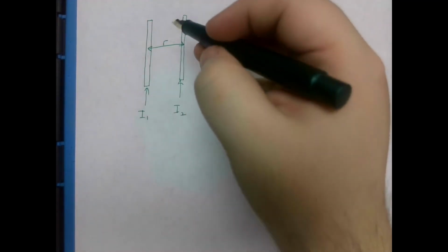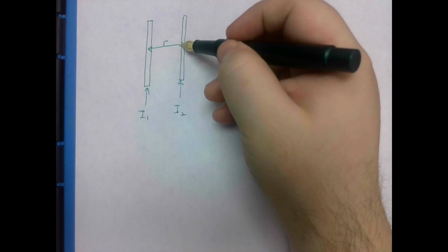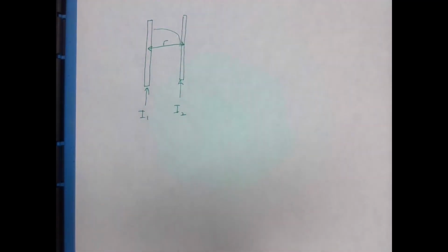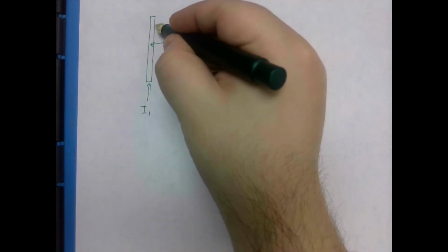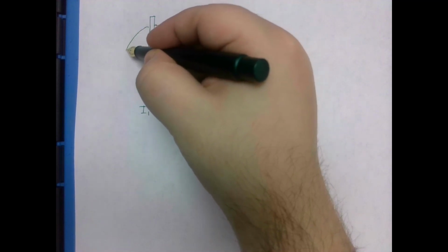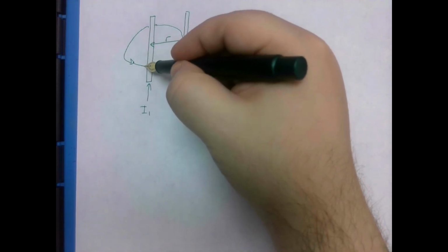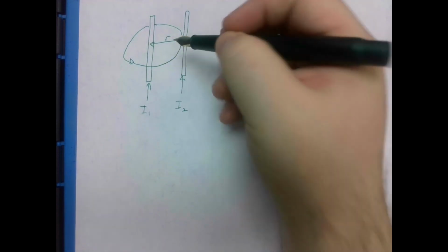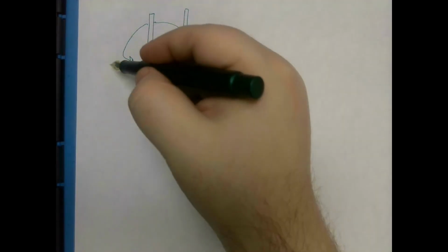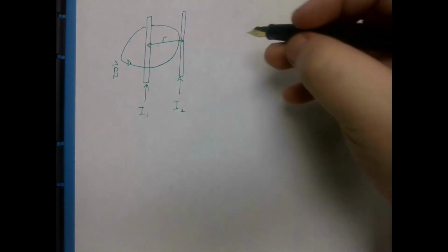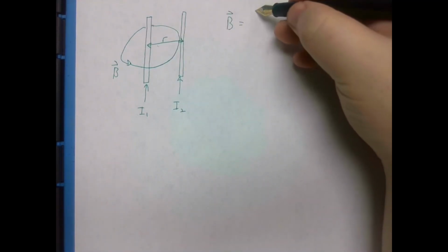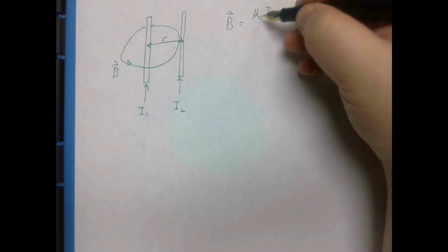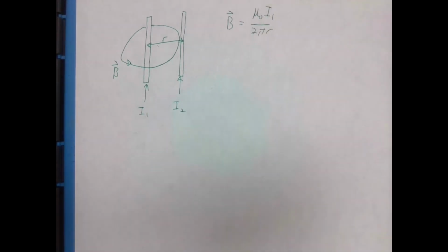Because there's a current going through this wire, it's going to create a magnetic field. Putting my finger in the direction it's moving and curling it around, it would be around like that, my magnetic field strength at a radius of r. So I know that the field strength around the first wire is equal to mu-naught I1 over 2 pi r.